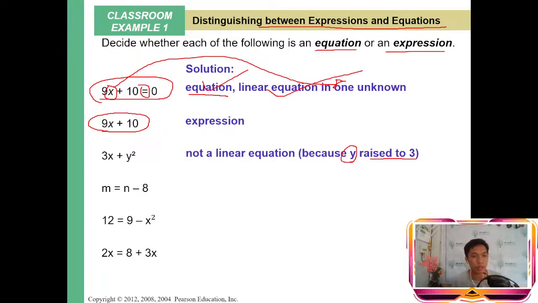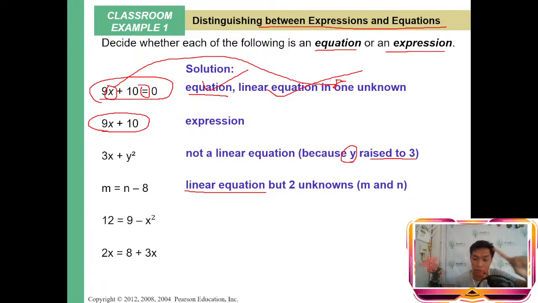Next one, we have number 4. m minus n equals n minus 8 is a linear equation, but take note, it has two unknowns, the m and the n.